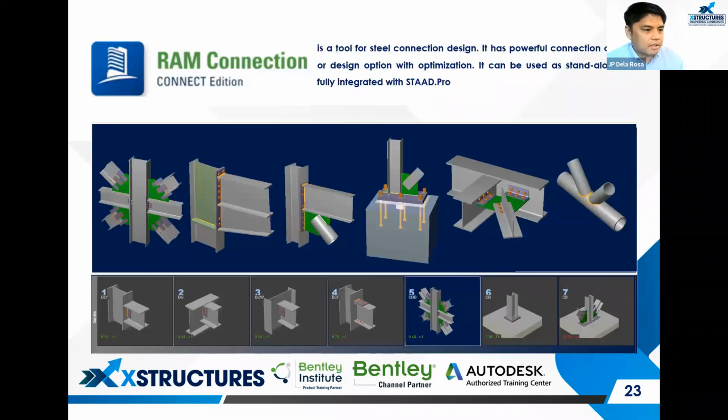And then RAM Connection is a tool for steel connection design. It has powerful connection check and design options with optimization. It can be used standalone or fully integrated with STAAD.Pro.